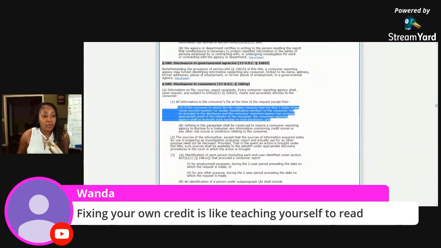Truncate such number in such disclosure. This is all about identifying you if you are a victim of identity theft. Identification of each person, including each end user under 609.